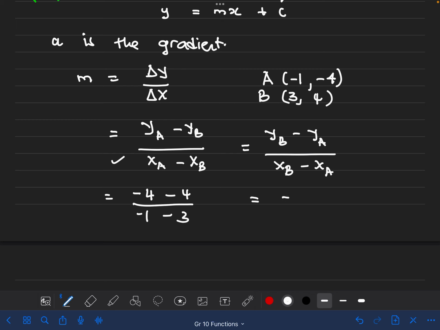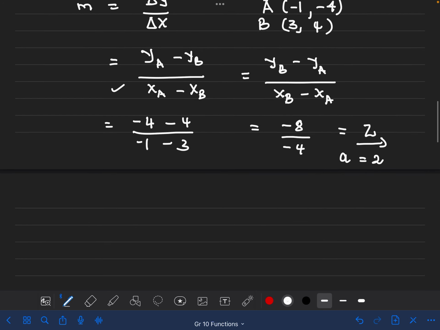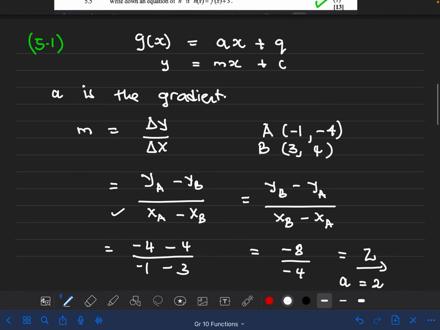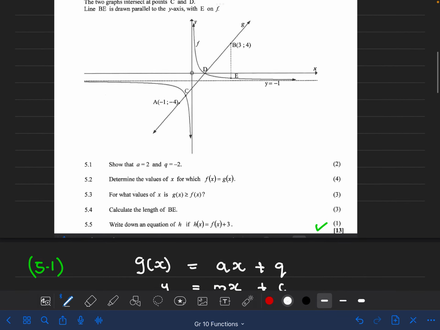Then you've got minus 8 divided by minus 4. So what does this equal? Grab your calculator. This equals 2. And a equals 2. Right? So now our g of x is equal to 2x plus q. You see, now we have shown or found our a, that it equals 2.